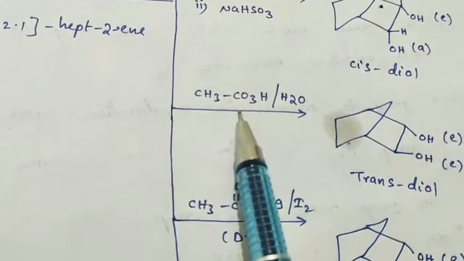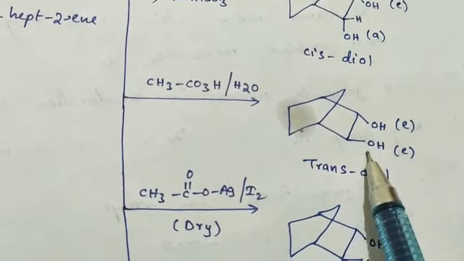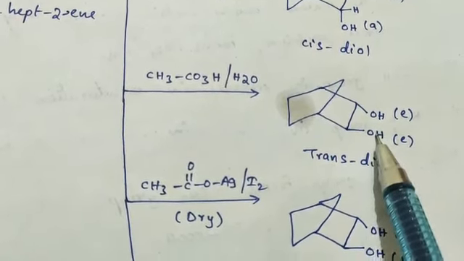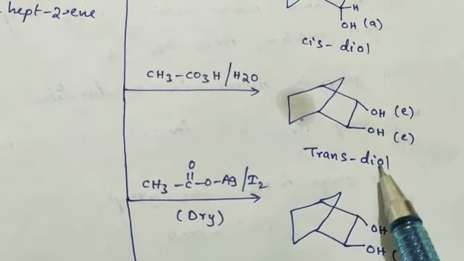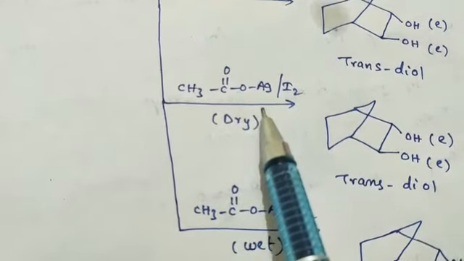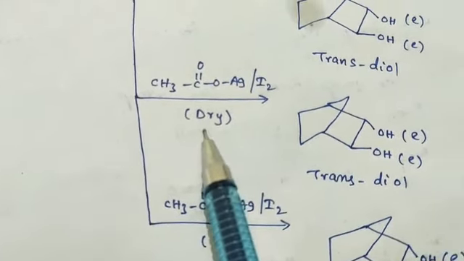For this compound we are adding peracetic acid. Then it forms equatorial. If both carbons have equatorial OH, then it is trans. So it is a trans diol. For this mixture we are adding silver acetate plus iodine in dry conditions, called Prevost's reagent.